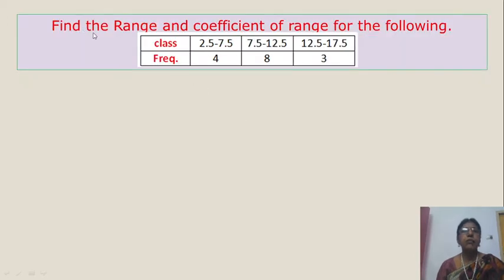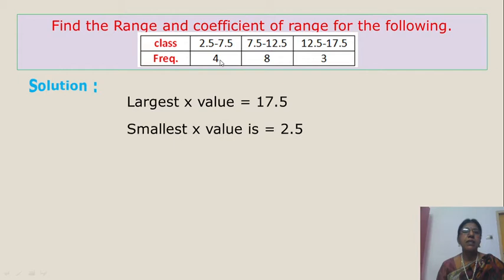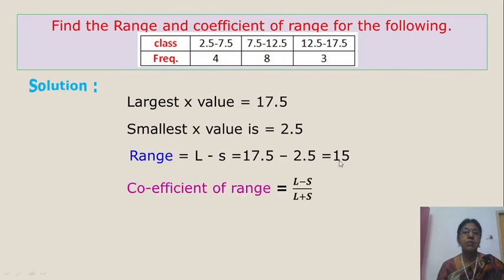Next problem. Find the range and coefficient of range for the following. Here we have given class intervals. Here the largest value is 17.5 and the least value is 2.5. Now range is L minus S, 17.5 minus 2.5, which gives 15.